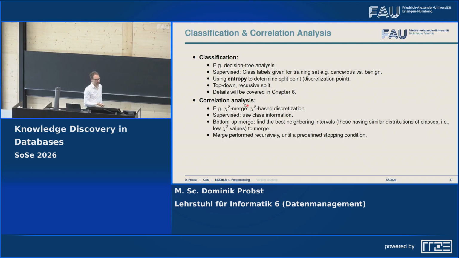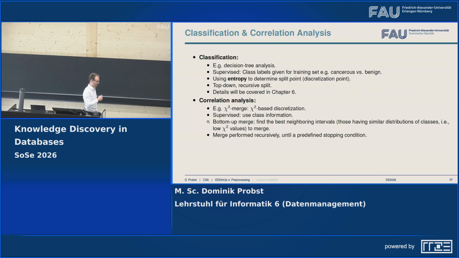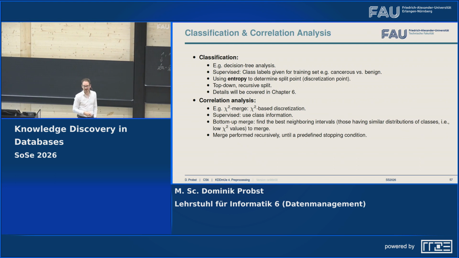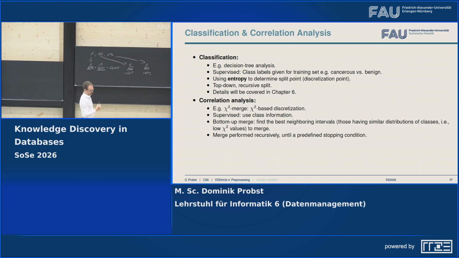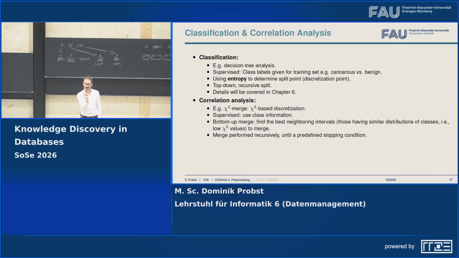We will not talk about chi-squared merge in detail right now. We will have a certain excursus in classification on that as well. But basically, the more entities correlate with each other, the closer, the more similar they are to each other, and therefore end up in similar classes, and therefore we can build up a hierarchy out of these similar things.